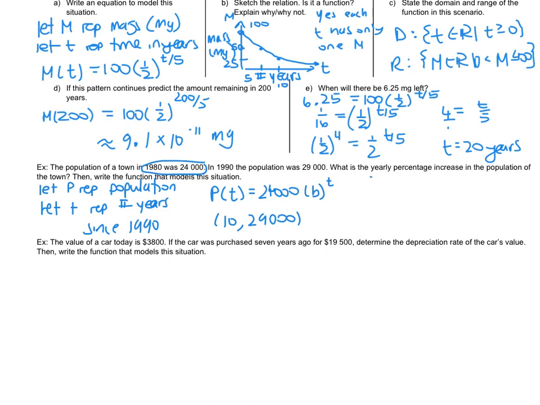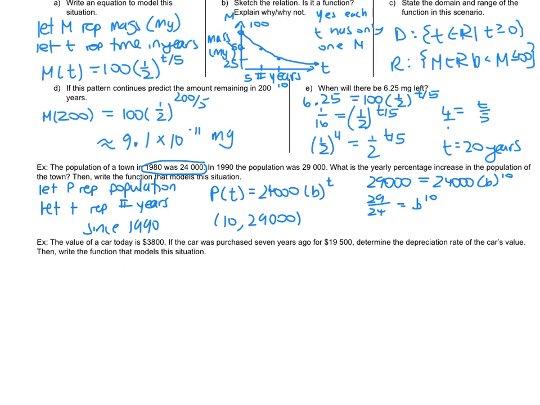So 29,000 equals 24,000 times B to the power of 10. And just like when we solve a regular exponential function, I'm going to divide both sides by 24,000. And when I do that, I'm just going to keep it as a fraction, 29 over 24, because the zeros cancel out. And now, this isn't actually an exponential function because my variable is not in the exponent, but I can get rid of that 10 very easily.